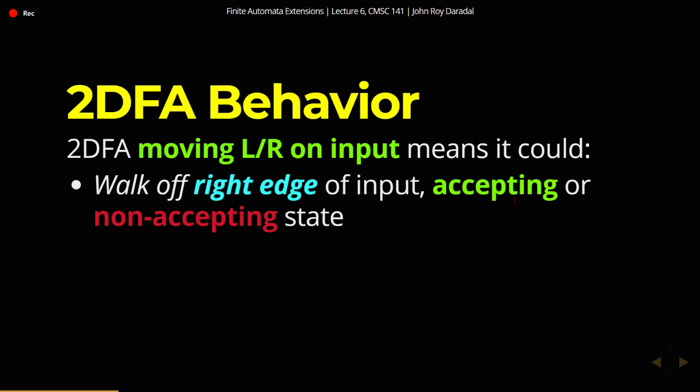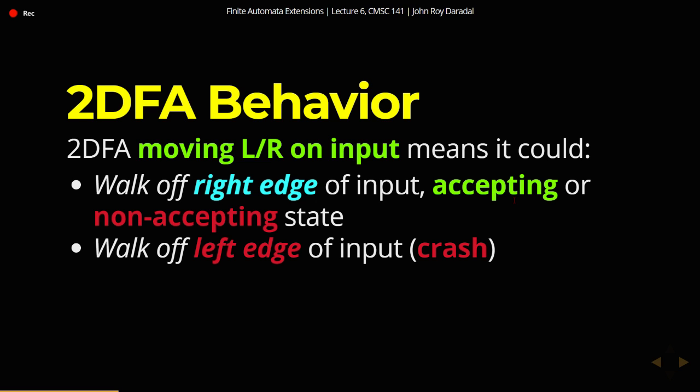The other situation that you could end up in is you could walk off the left edge of the input. Because you have the ability to go left on the input, you could go left, left, left until you reach the first symbol, and then when you go left again, there's nothing more to go left on. So you will walk off the left edge of the input, and that will cause the 2DFA to crash.